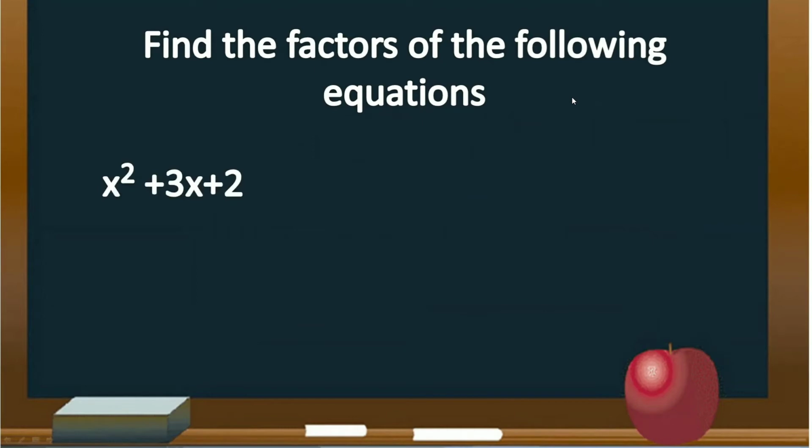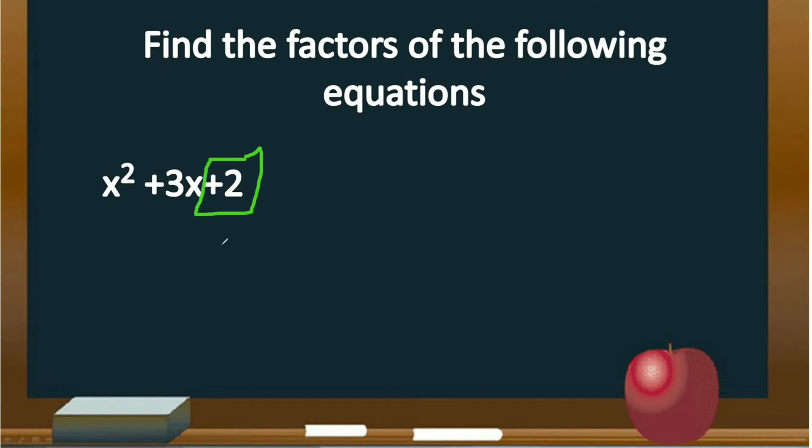May tatlong dapat tayong tandaan sa pagpa-factor na equation para malaman natin yung behavior ng mga factors na hinahanap natin. First, we need to observe the last term. Pag ang last term ay positive, iisipin natin na ang dalawang factors na hinahanap natin ay pareho ng sign. Ibig sabihin, pareho silang positive o kaya naman pareho silang negative.